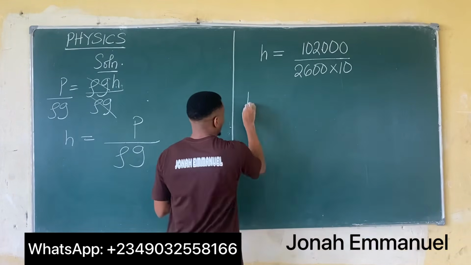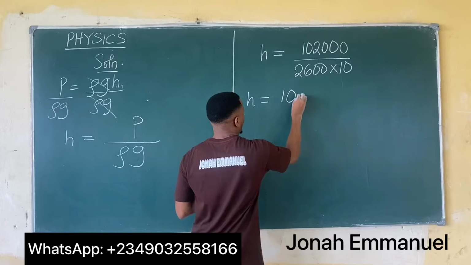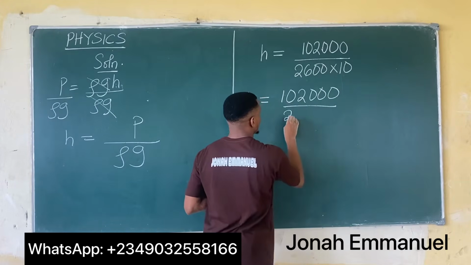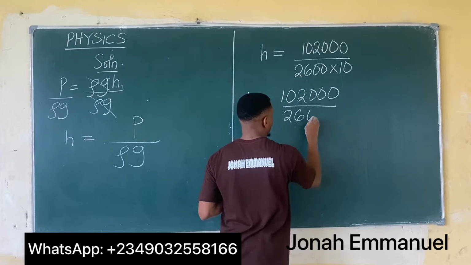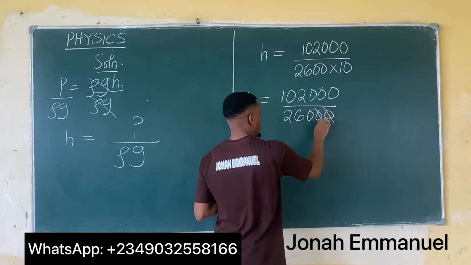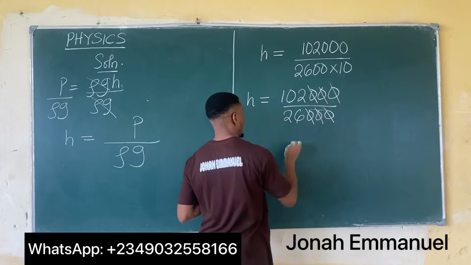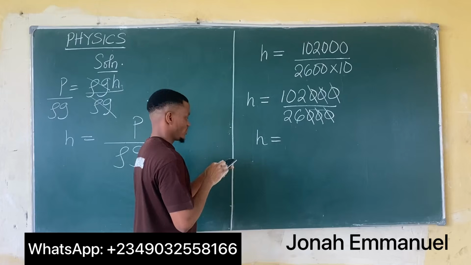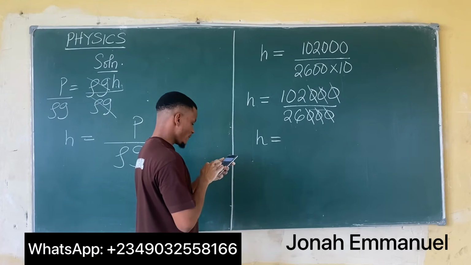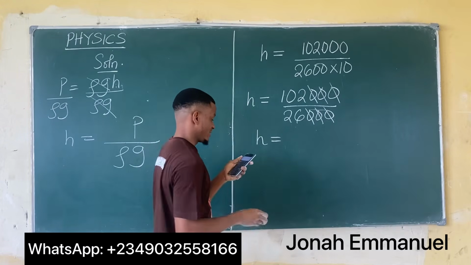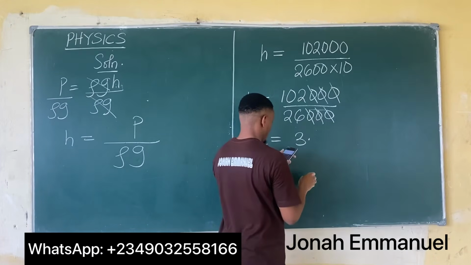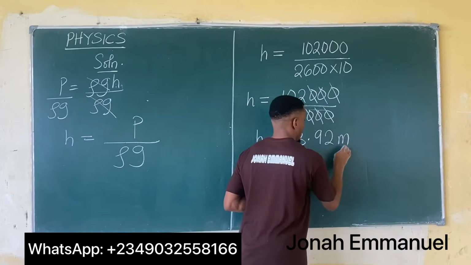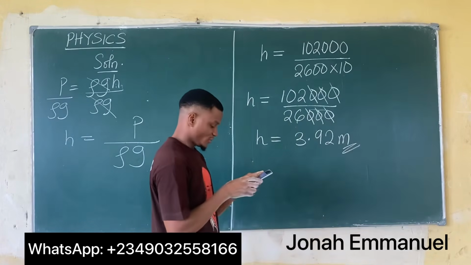It means that height h is equal to 10,200 all over, if I multiply this, it gives you 26,000. So the zeros cancel, and I have h is equal to 102 divided by 26. 102 over 26 is about 3.92 meters approximately. So let's check which option that is.